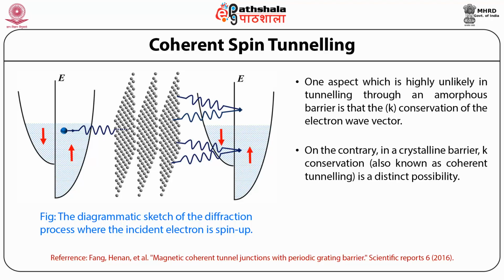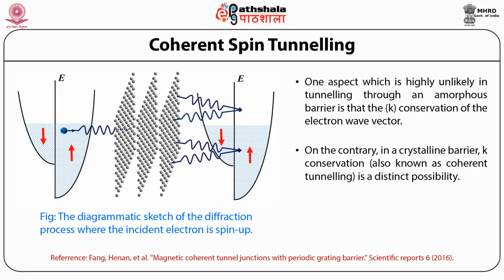Keeping in mind that P is not constant over the whole Fermi surface, one could imagine that using a certain electrode barrier interface in a certain crystallographic orientation would result in efficient electron tunneling for wave functions which also have specific symmetries.